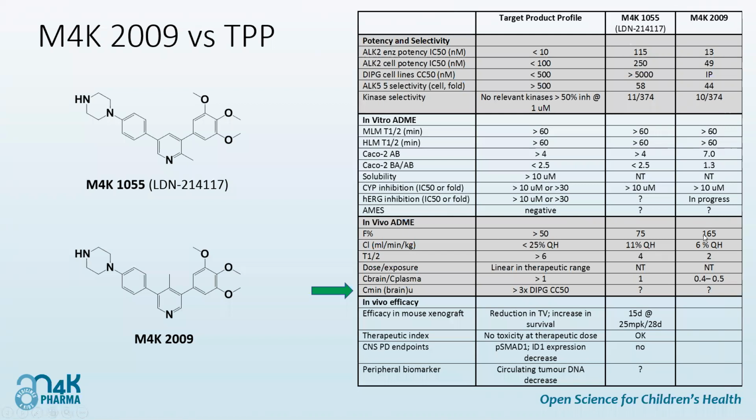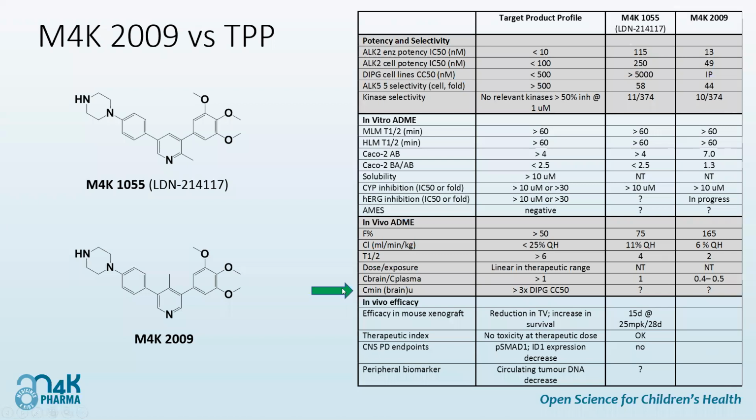The in vivo profile of M4K 2009 looks very good. The brain to plasma ratio, the target of greater than 1, we talked about this at the last meeting. I think that's hopeful and wishful thinking, but the 0.4 to 0.5 that we're seeing with M4K 2009 still represents a very good exposure in the brain.